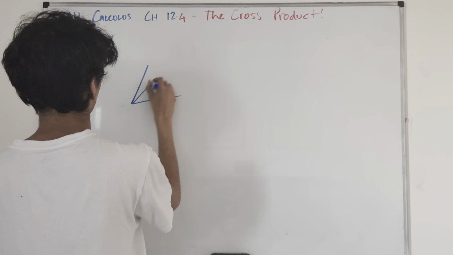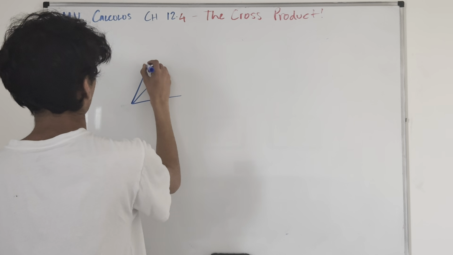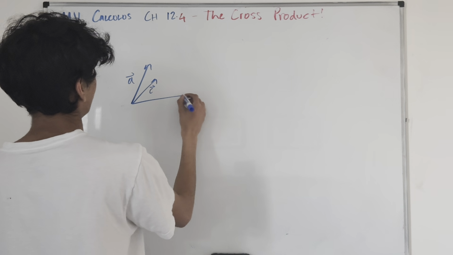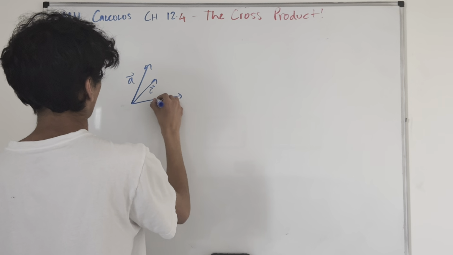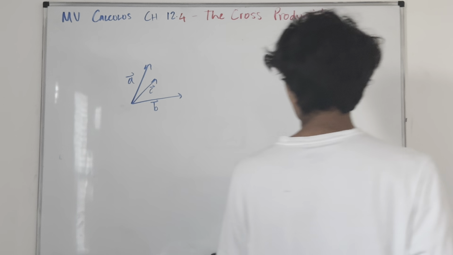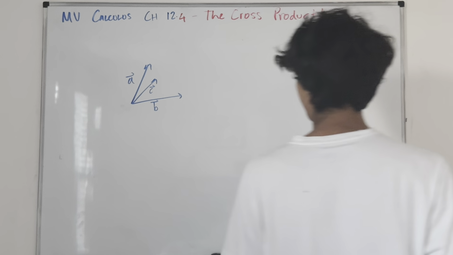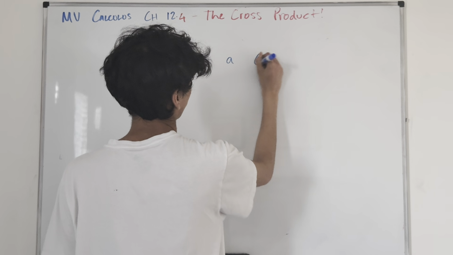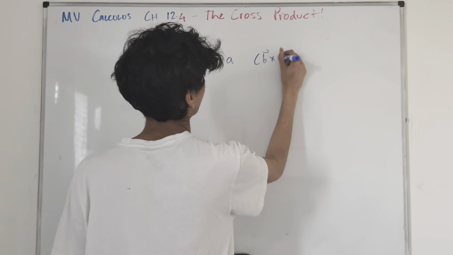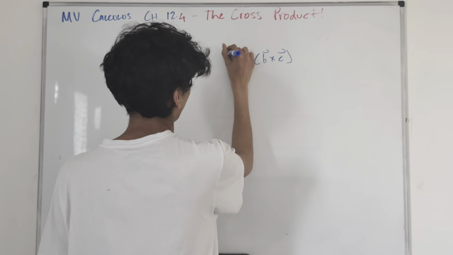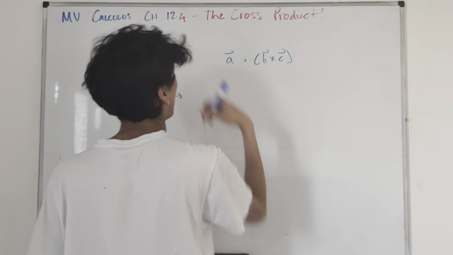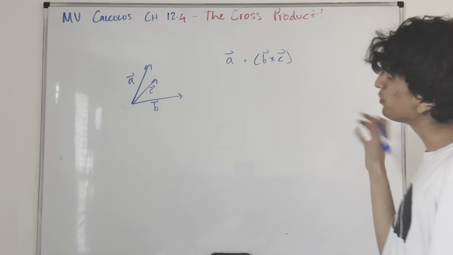Let's say this is A, C, B. I can do something called a scalar triple product, where I take two vectors and take the cross product, and then I dot product it with the other vector. This is called a scalar triple product, and it'll return a scalar, hopefully pretty intuitively. But what will this actually equal?